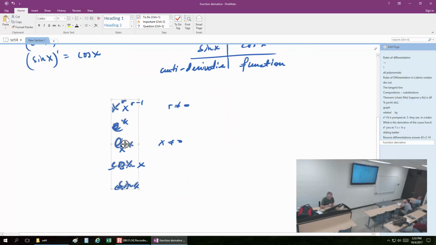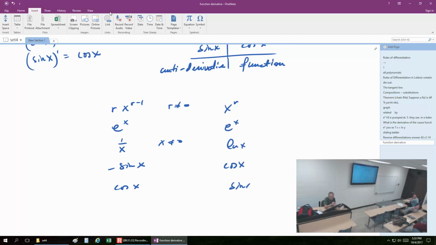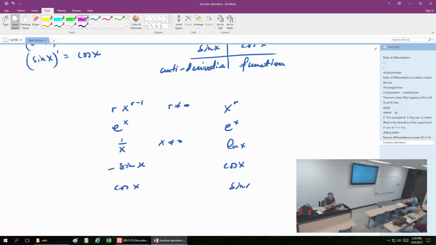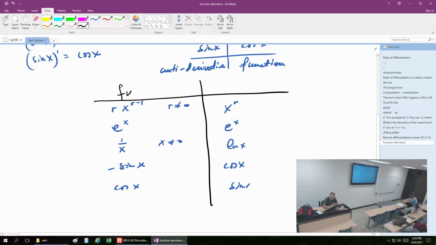As long as they are aligned. Okay, so they are aligned. Let me now add what's missing. Like this. So this is my function on the left, and on the right I have my antiderivative. Once again, if you don't remember, it is going in the opposite direction of differentiation.